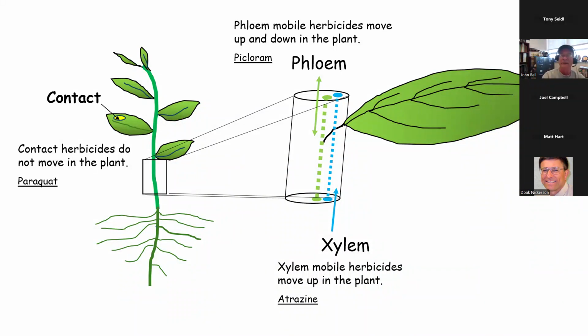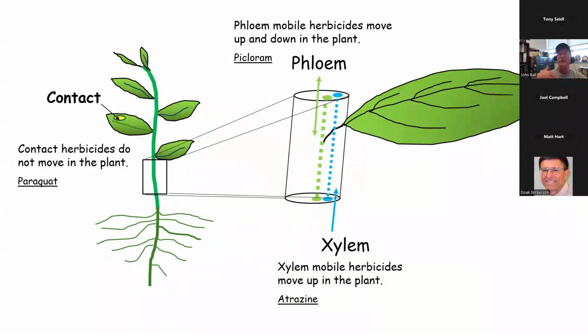Well, now what do we look at for symptoms? Was it a contact herbicide? Contact means you're going to find spots on leaves. That's it. It doesn't spread. It is not moving through the plant. It is not systemic. But then we also look at whether it is phloem mobile. Does it move through the phloem tissue, which carries the sugars?